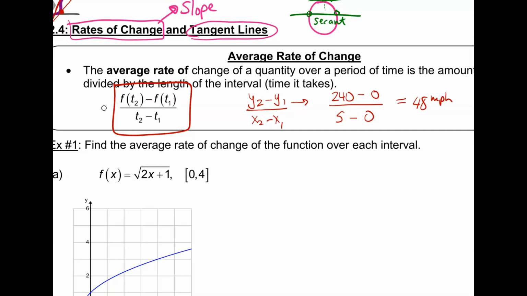It's a speedometer. At every moment you look down, you're getting your instantaneous rate of change, how fast you're going at that time. So this equation, f of t2 minus f of t1 over t2 minus t1, wait, that's like 2.1. Remember our first lesson? We talked about this already in section 2.1 of the chapter.